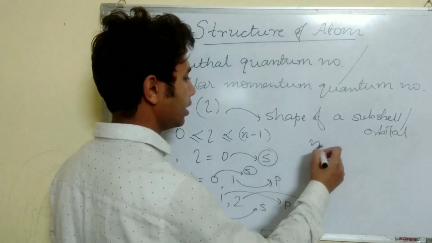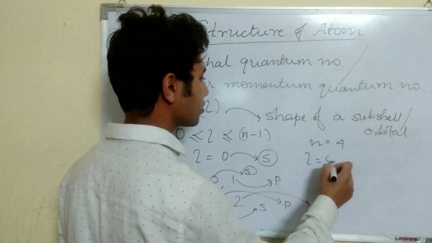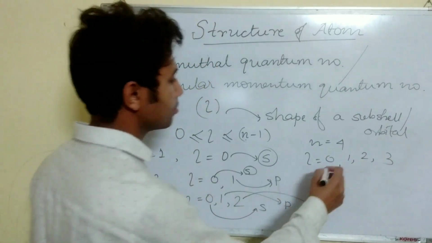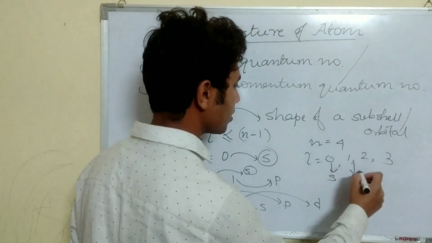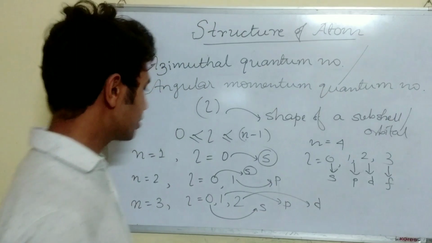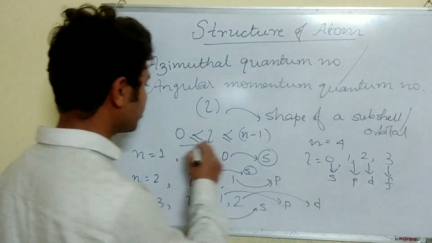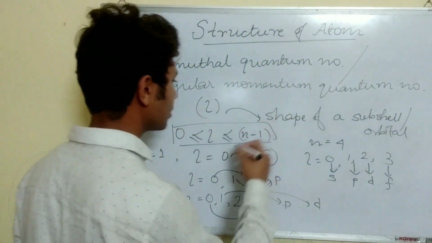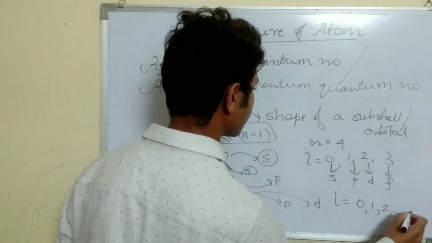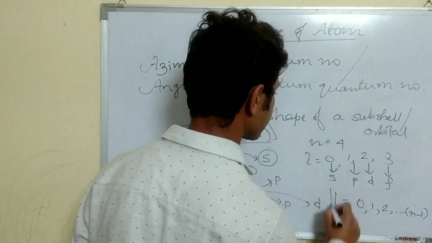Similarly, if n is equal to 4, l is equal to 0, 1, 2, 3, then 0 will be s, 1 will be p, 2 will be d, 3 will be f. So our l value is actually 0, 1, 2, up to n minus 1.